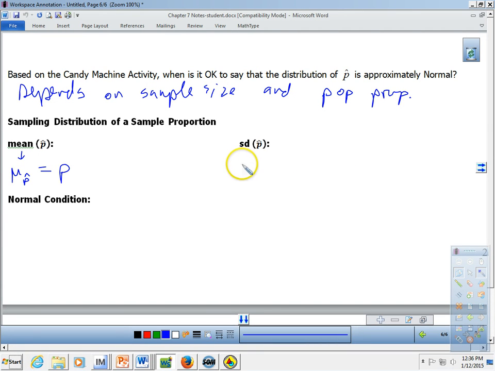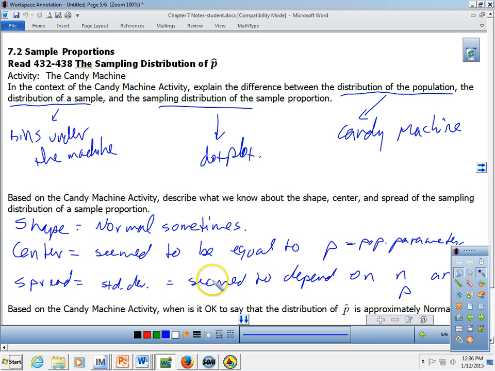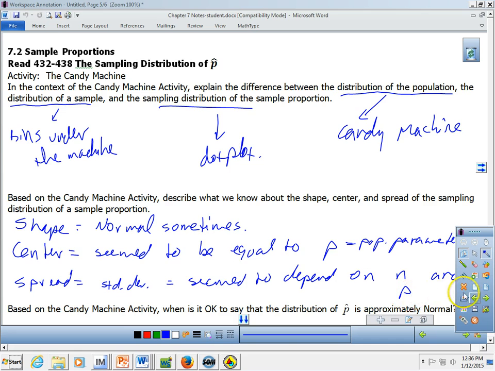The standard deviation, which in notation is sigma sub p hat, and so we're starting to combine some parameter and statistic notation, so hopefully that's not too confusing. This is how we notate the standard deviation of a sampling distribution. I told you it seemed to depend on n and p, the sample size and the population parameter.